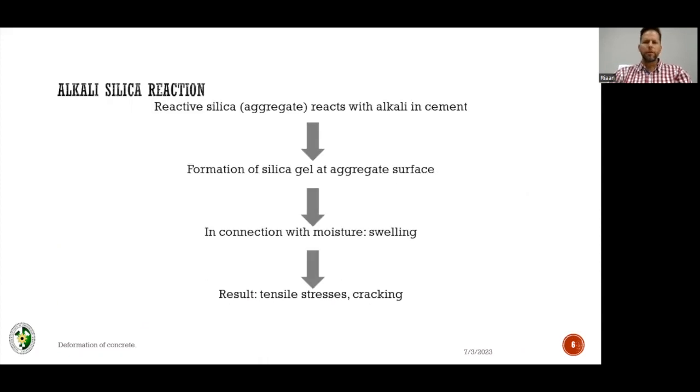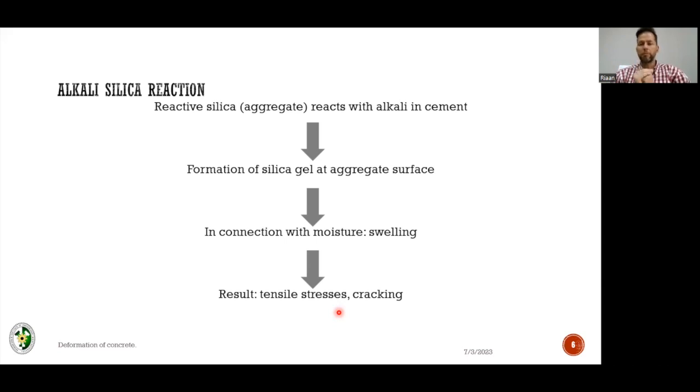So to recap on the process, we need a reactive silica that reacts with alkaline cement. It forms a silica gel at the aggregate interface. In connection with moisture, it gives you a bunch of swelling, and the results are tensile stresses and cracking. So you can just imagine you have this set matrix of concrete that could be months old or years old.